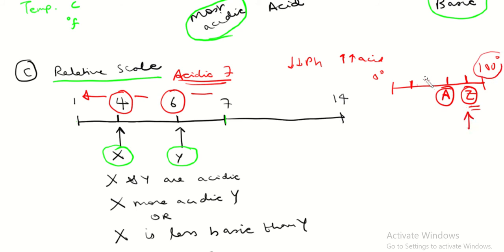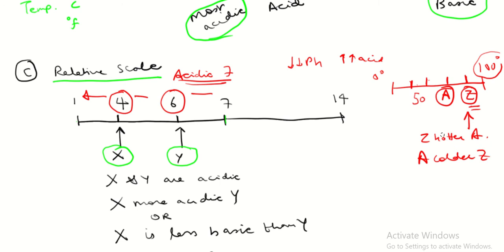So both are hot. So let's say this is 50. Both are hot because it's above 50. But Z is hotter than A, right? The other way to look at this is because A is closer to the lower number, A is colder than Z, right? That's the other way we say it.